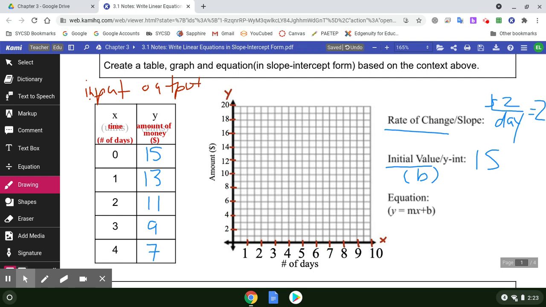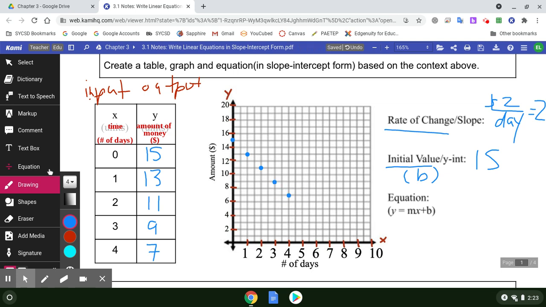From here, if we are going to graph this equation, we can start at our y-intercept and continue down. So at one day, she had $13 left. At 2 days, she had $11 left, and so on.